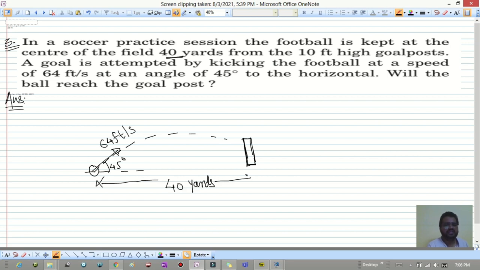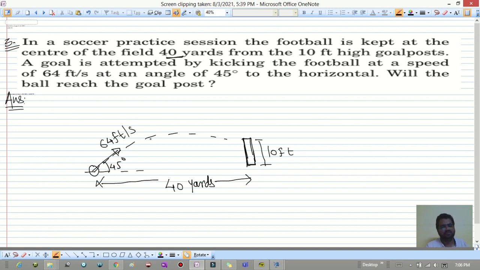So everything is given in feet, yards. So what we have to do is calculate in terms of feet and yards only. 10 feet high goalpost. So this goalpost is given 10 feet high, no problem. And this is 64 feet per second. 64 feet per second is given.